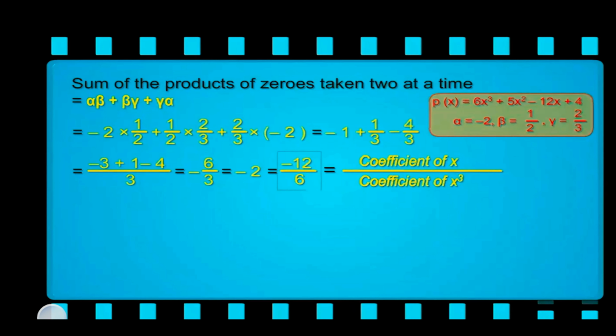We can write minus 2 as minus 12 upon 6, which is the same as coefficient of x upon coefficient of x cubed.